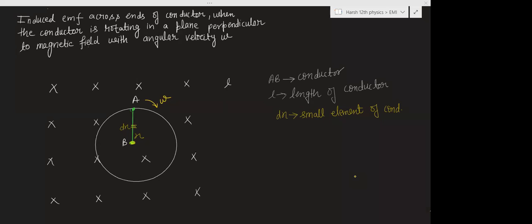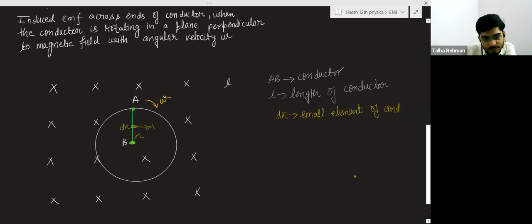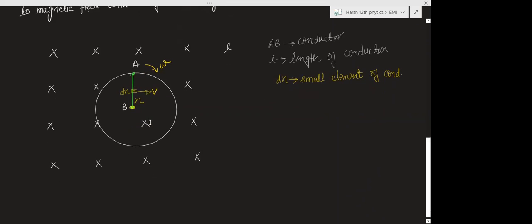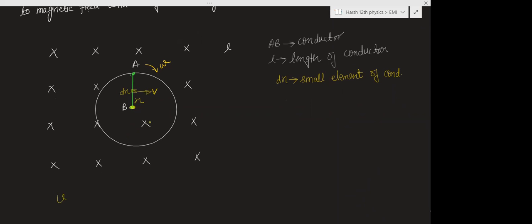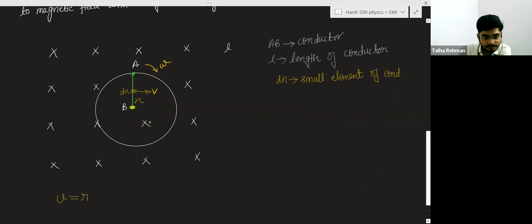Suppose this is the linear velocity v of this dx element, but the angular velocity of this dx is the same. We know that v is equal to r omega.